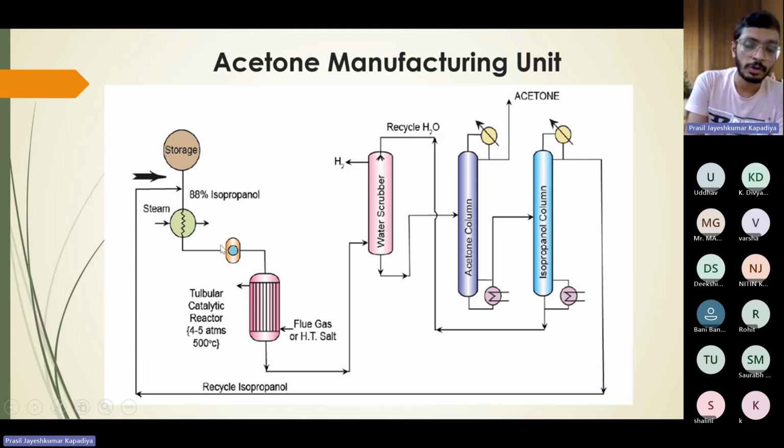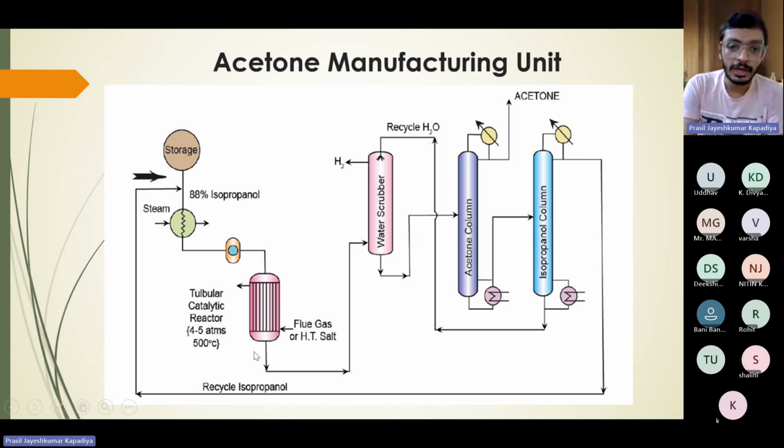After heating, we pass it through the compressor, because our reaction is occurring at 4 to 5 atmospheres, which we need to achieve via the compressor. Then after compressing, our isopropanol feed is ready for the reaction.